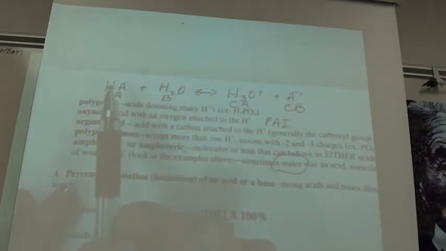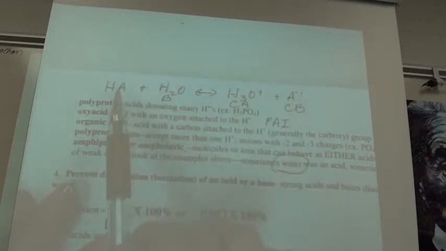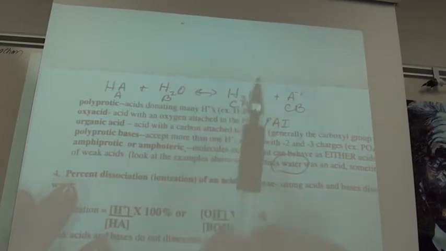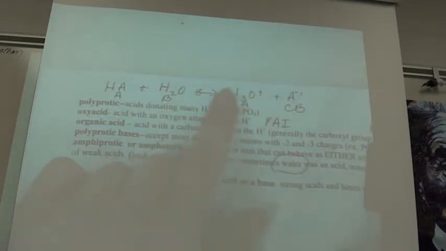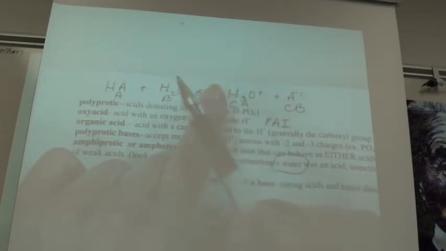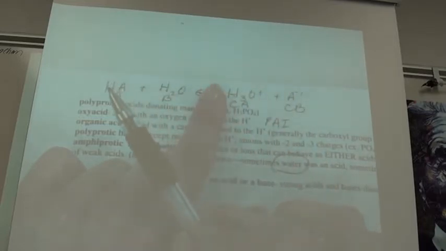When we look at this going in the forward direction, we see that the acid loses a proton and the water gains it, correct? Now, if we look at it the other way, this becomes the acid, it donates the proton, and this becomes the base, it receives. See how that works?